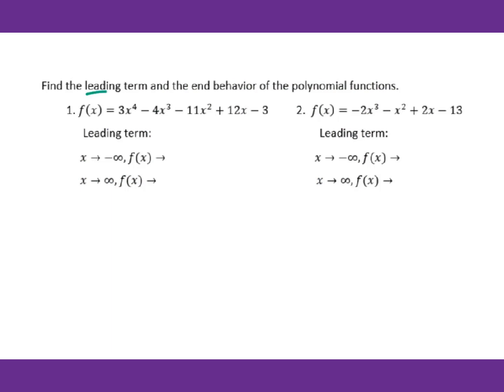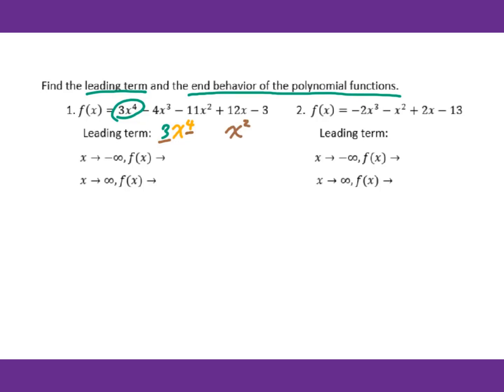Find the leading term and the end behavior of the polynomial functions. We know for number 1, the leading term is 3x to the 4th power. It has a positive leading coefficient and an even exponent, like x squared.